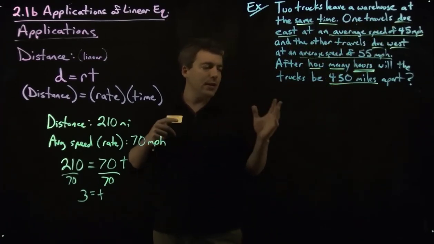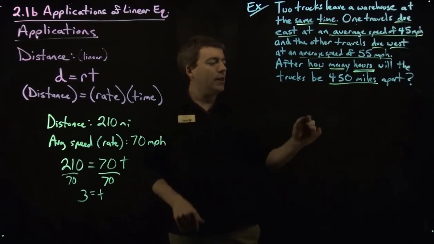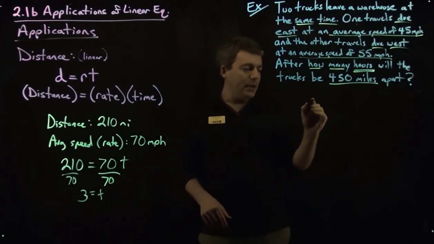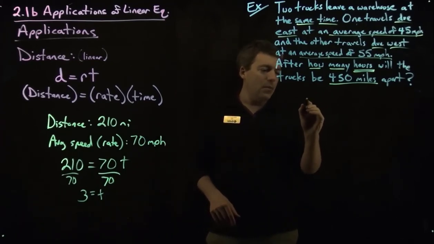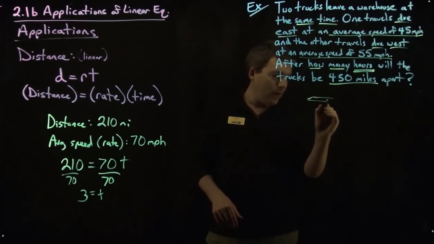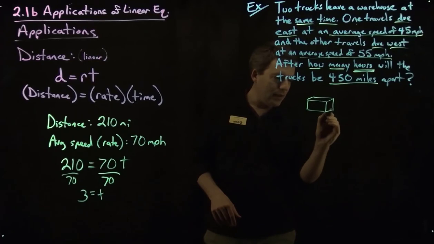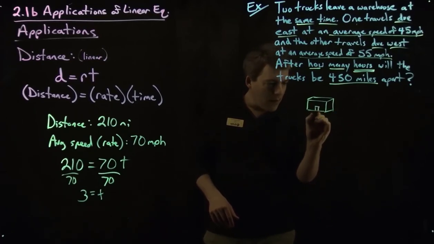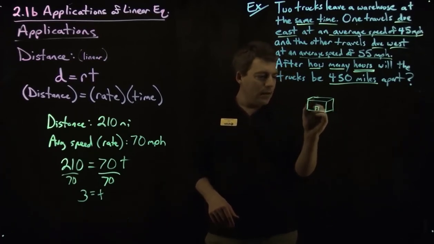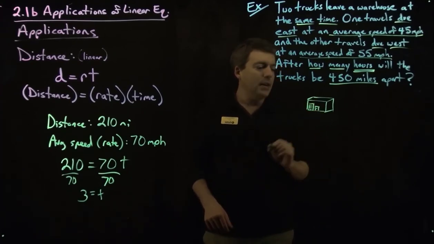Okay, now we can start to get kind of a picture of what's going on. So let's say we've got the warehouse here. Trying to draw a warehouse. Box type shape. Maybe you've got a door on it. And then need like one of those big garage doors so they can get the trucks in and out.